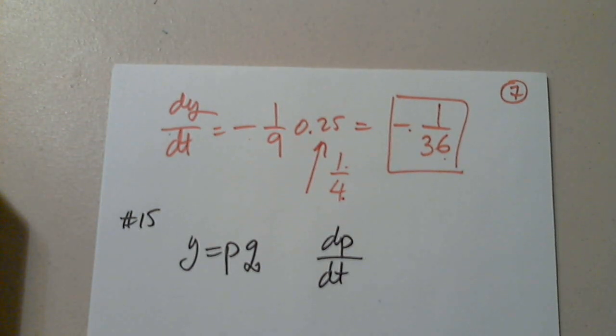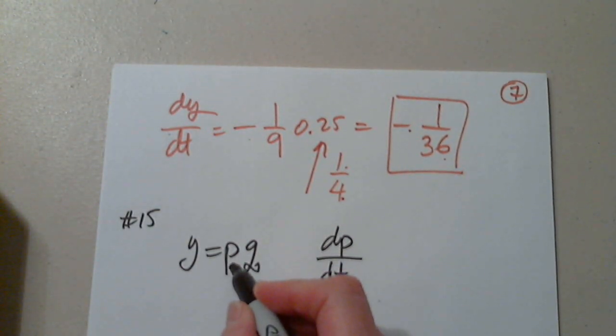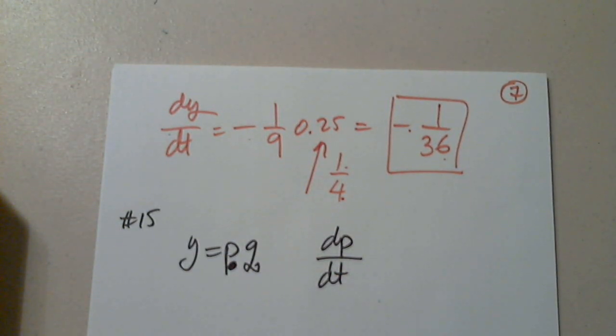If I'm asked to find dp over dt, it means that p is a function of t. So since p is a function of t, I'm going to put a dot under p. So this is what they're asking us to find.